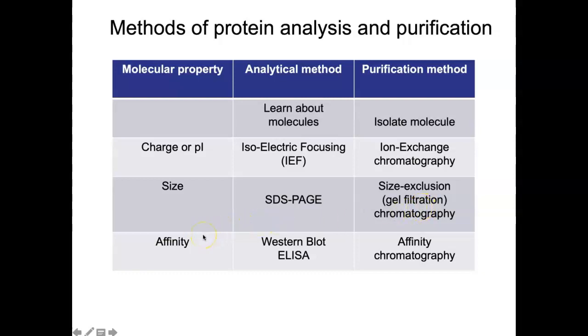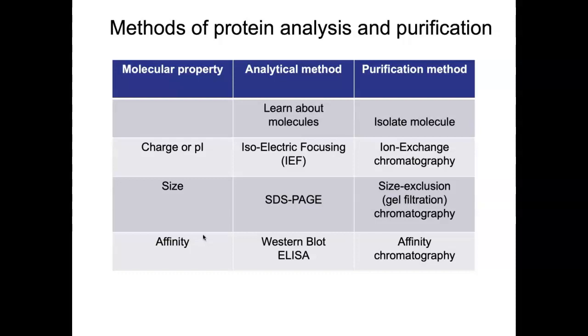And then affinity, or binding to something, is also a property we won't spend too much time on, but it makes sense with antibodies that can be really powerful. If you have the antibody to recognize your protein of interest, whether it's in a gel or in solution, you can even do immunostaining right in cells if you're doing microscopy, or if you can put the antibody onto a column, or on some kind of resin, solid support, purify by affinity chromatography.